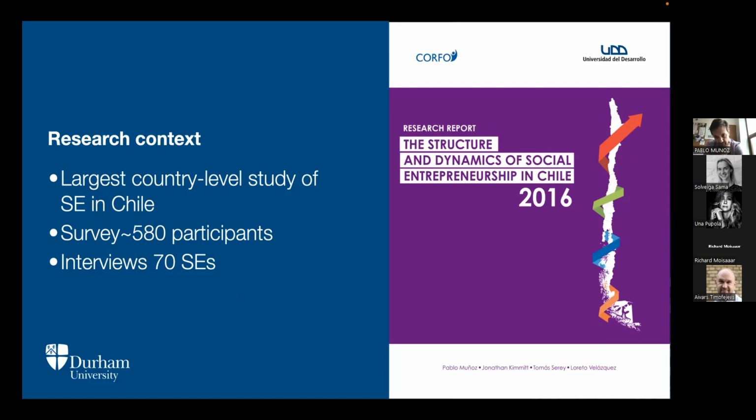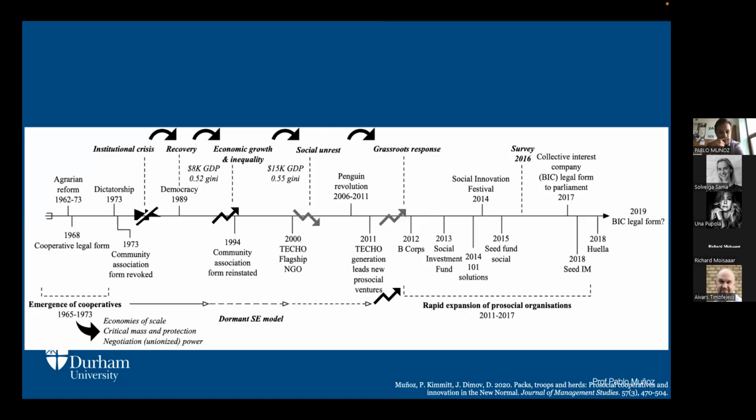Then from 2016 to 2019, after we published this report, we engaged in a number of follow-up activities and engagement with the government, and more interviews and different types of data collection, because it was a very interesting setting. This is part of a paper we published in JMS, also looking into the social industry in Chile. And you see how complex it is.